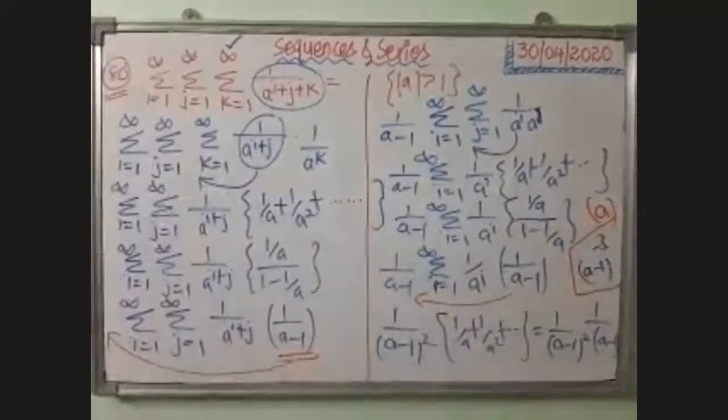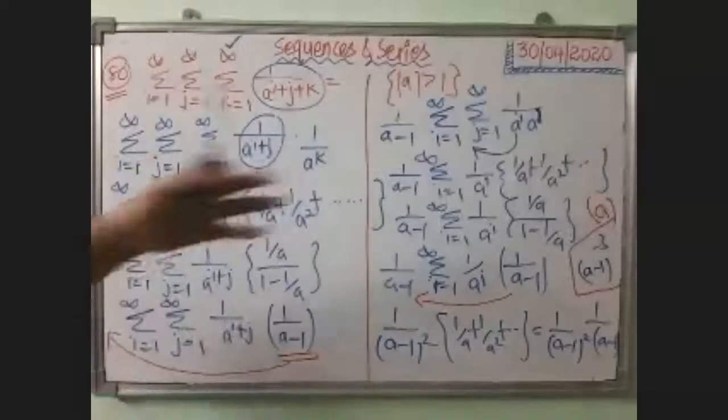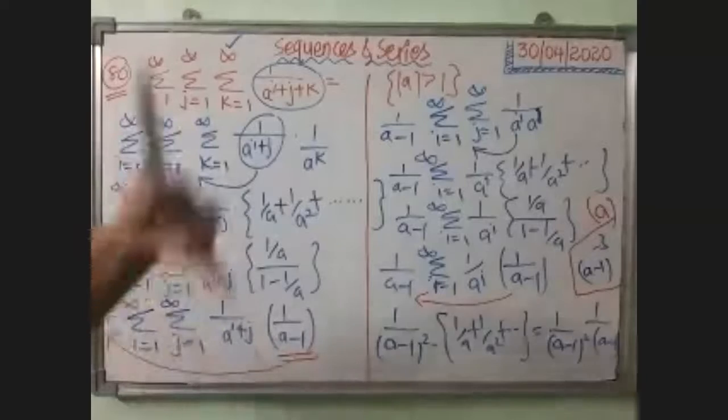Please note it down. This is the way how you will be removing the sigmas from the right side, though there are 3 sigmas, 2 sigmas or 4 sigmas.